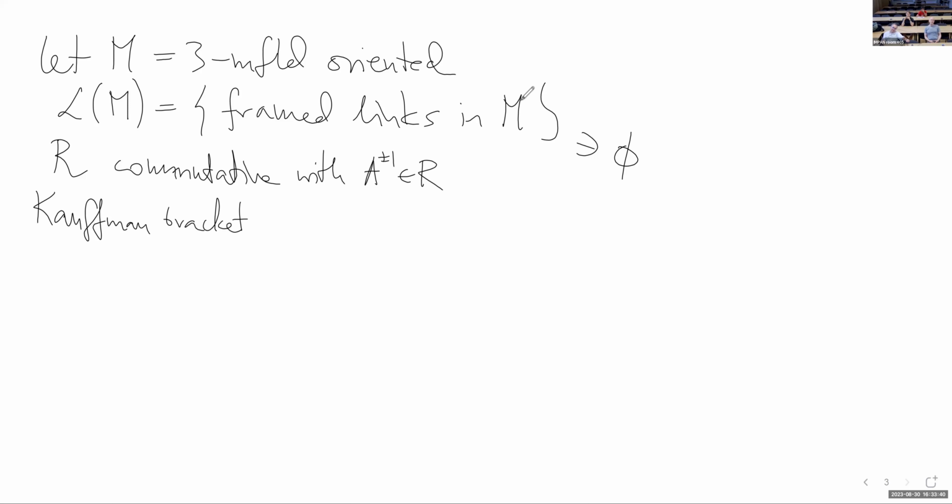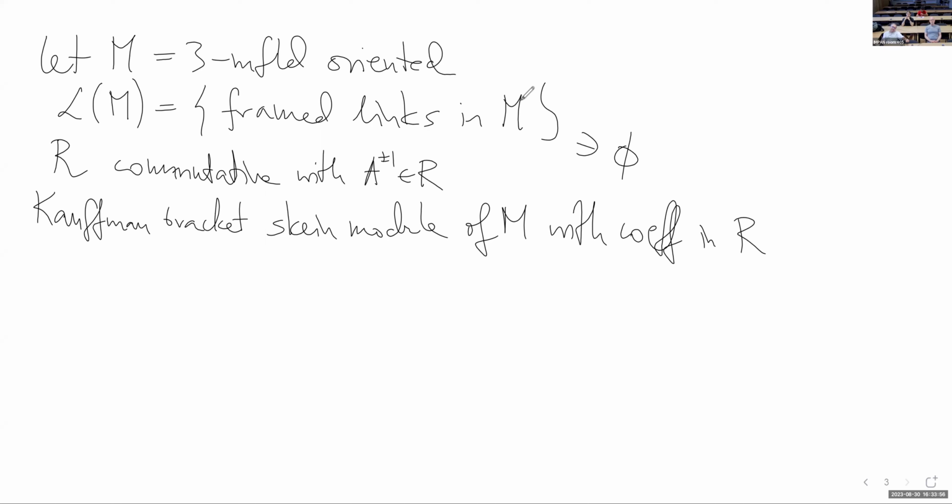K module of M with coefficients in R. Hopefully this is readable. Is the following. Well, first of all, we write it this way.